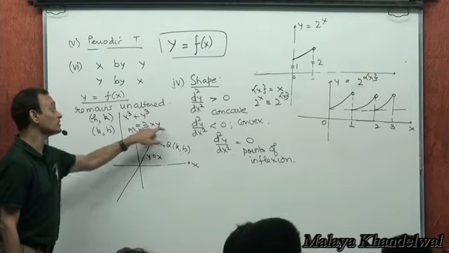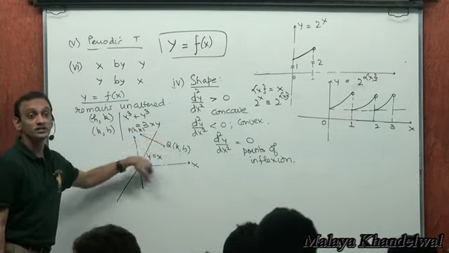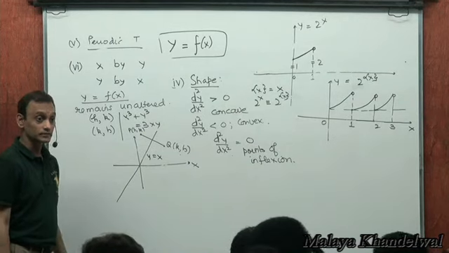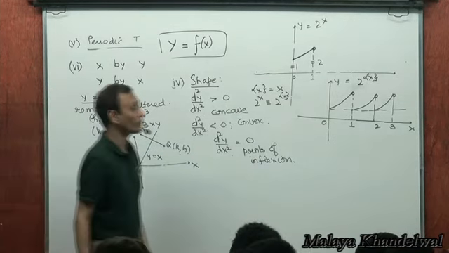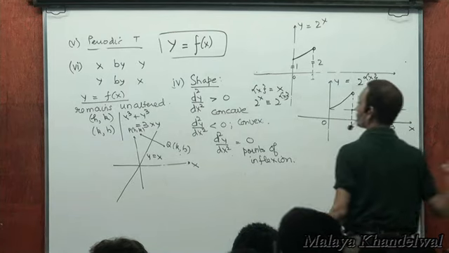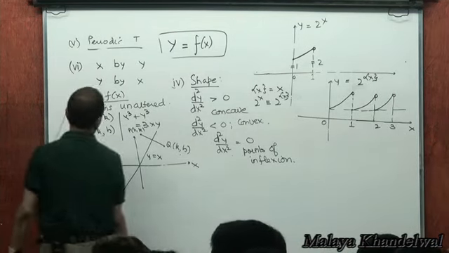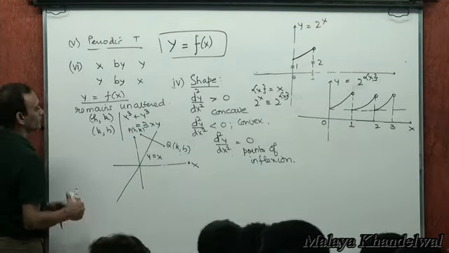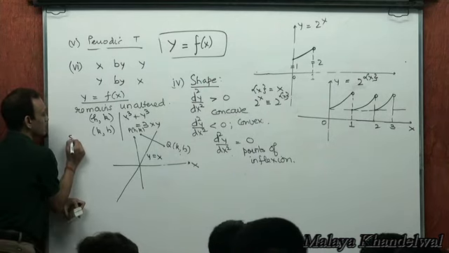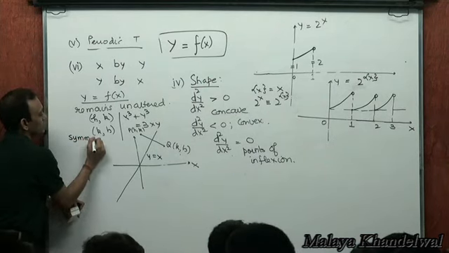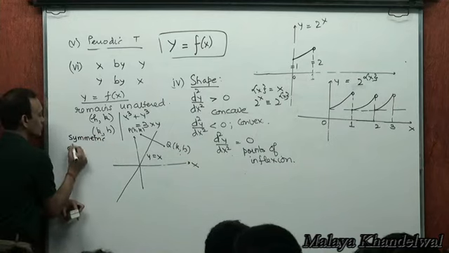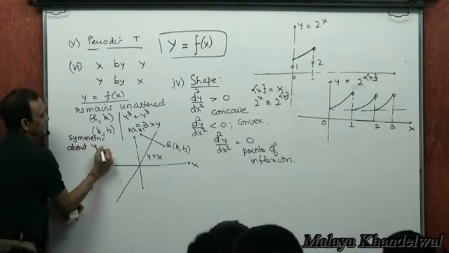See, x cubed plus y cubed equal to 3xy will actually be symmetric about y equal to x. So, if this happens, then we say it's symmetric about y equal to x.